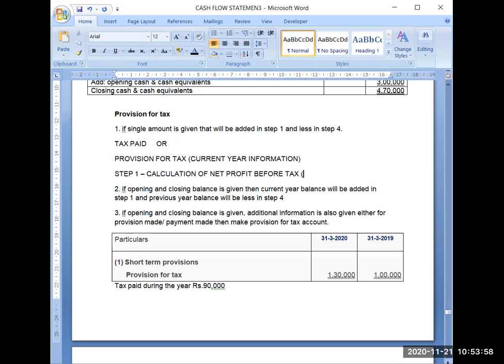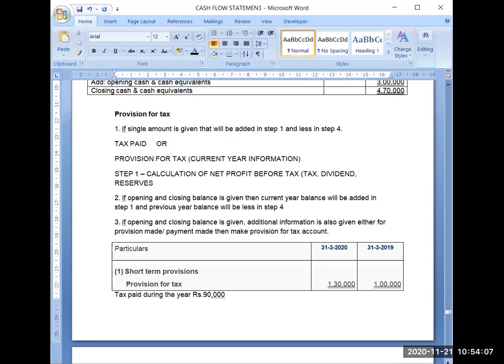Where we add the 3 things: tax, dividend, and reserves. We have discussed this part in detail. So this is your step 1. So there you will add this tax information, whatever given to you in the question.